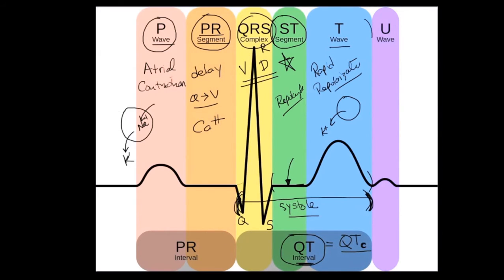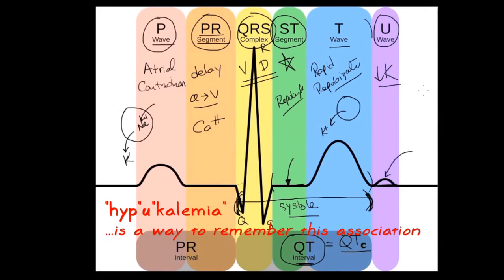Okay, so our final thing on here is the U wave, which is a very minor wave and is sometimes not even seen at all. So you might not see it. The second thing is that if you do see it, it can be normal. The other thing it is associated with is low potassium. So just remember that. That's something that might be tested.